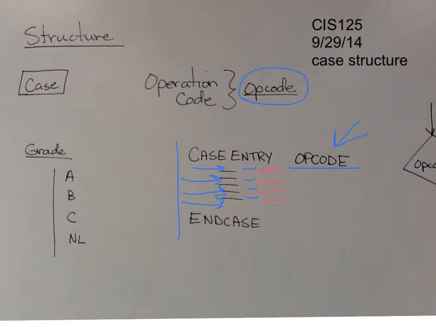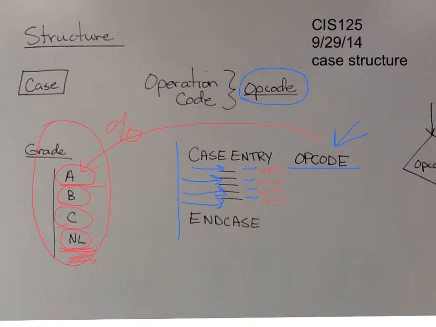A good example, we did the work the other day on the grade. So you could have a case where the opcode would check which grade you have, or let's say it would check a percent, and then we could assign a grade. Remember, that was not learned.